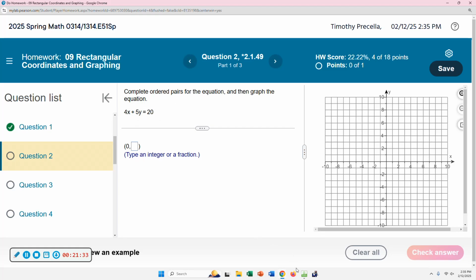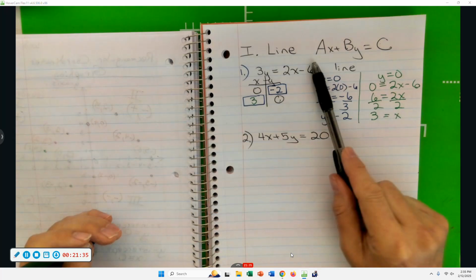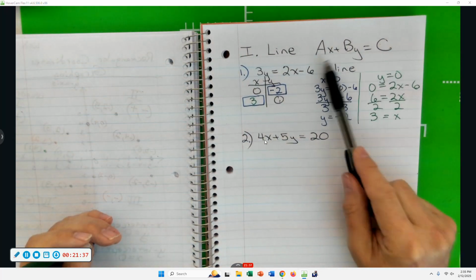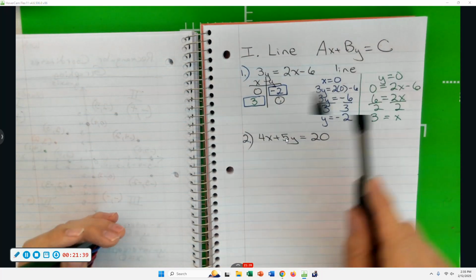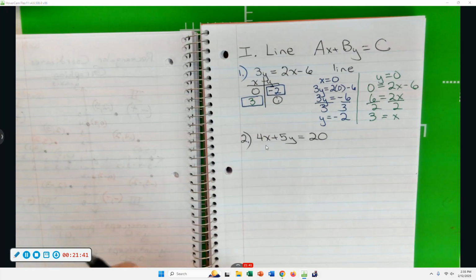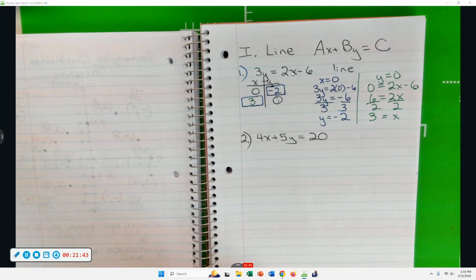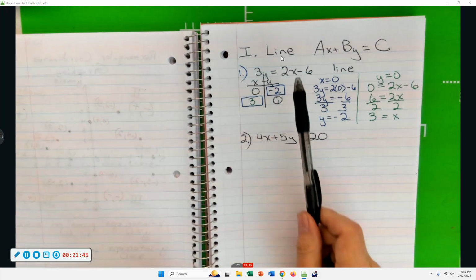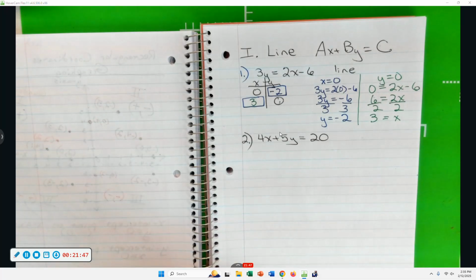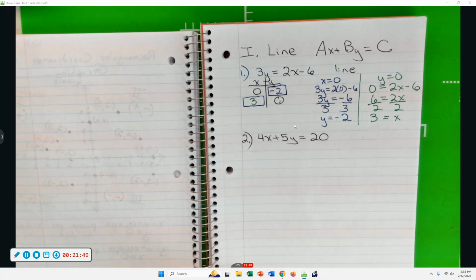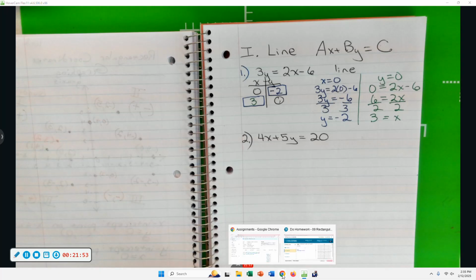It's ax plus by equals c. We have the x's and y's on the same side. Up here we don't have them on the same side, but you could have moved the 2x over and gotten them on the same side, but we didn't need that.